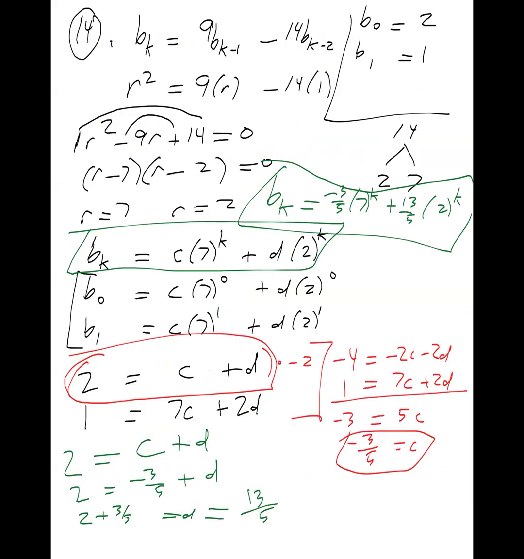If I had something that wasn't a fraction, like if I had b_k equals 3 times 7 to the k plus 5 times 7 to the k, then I might have ended up with numbers at the beginning that were like 20 or 30. So there's always a consequence. If you have big numbers at the beginning, you might have small numbers at the end. But if you have small numbers at the beginning, you might have fractions at the end. So I'll do my best to make it easy in both ways.